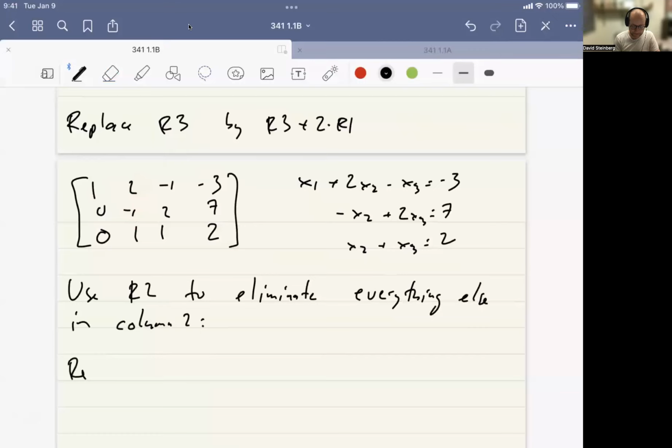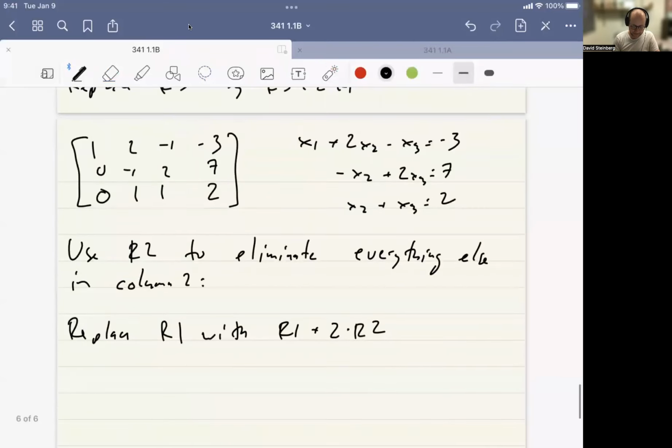Okay, so let's replace row 1 with, what do we need? With row 1 plus 2 times row 2. Because if we do row 1 plus 2 times -1, that's going to be 0. Good. Okay, so let's see what happens.